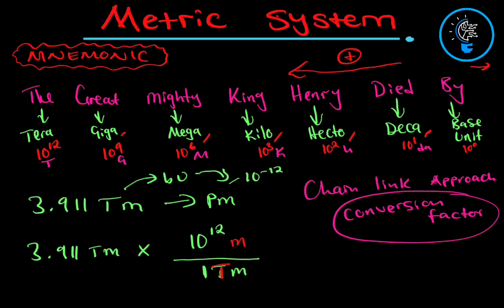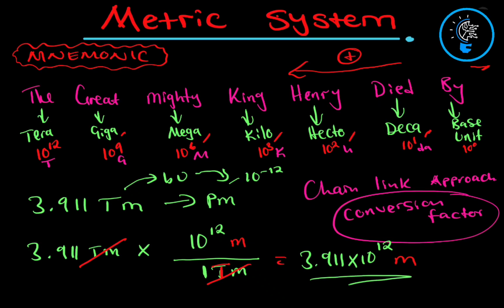We put terameters at the bottom so that they cancel and you remain with meters as your units. So we are saying 3.911 times 10 to the power 12. That will give us a value of 3.911 times 10 to the power 12 as your solution.